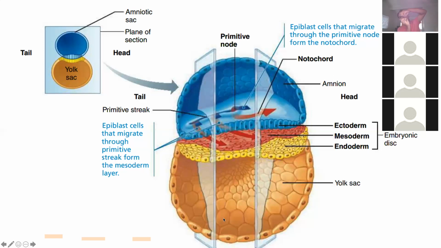These two globular structures are going to fold from side to side and from head to bottom. I can't even imagine it, but these two globular structures will gradually flatten and then change into head and tail portions, and from side to side to become the right side and the left side.